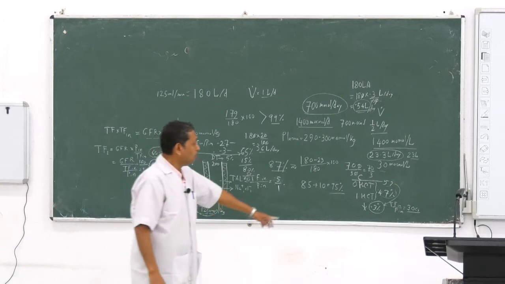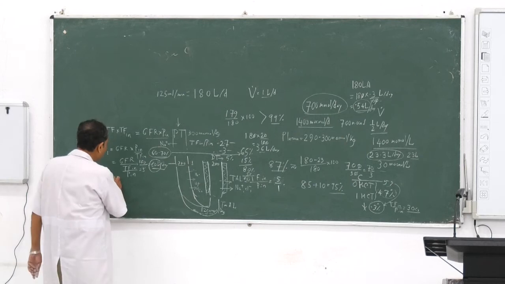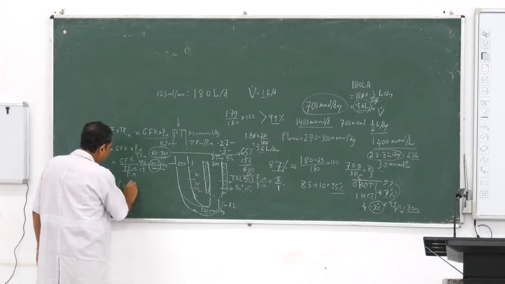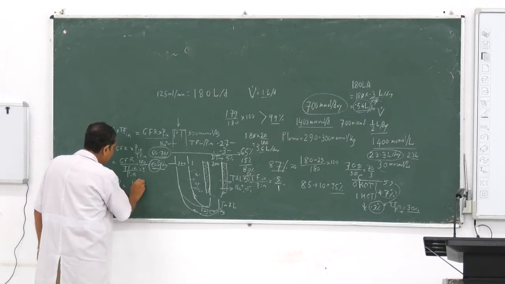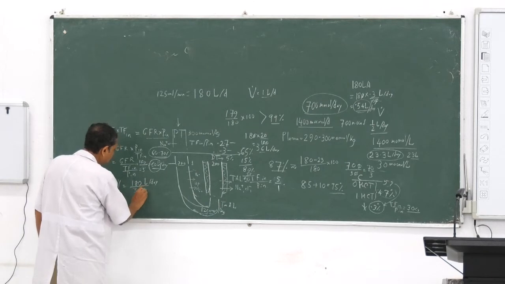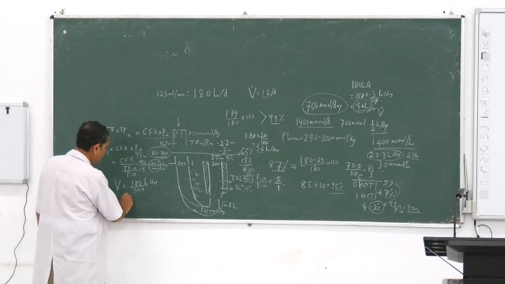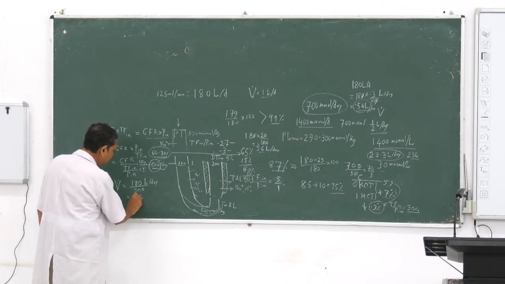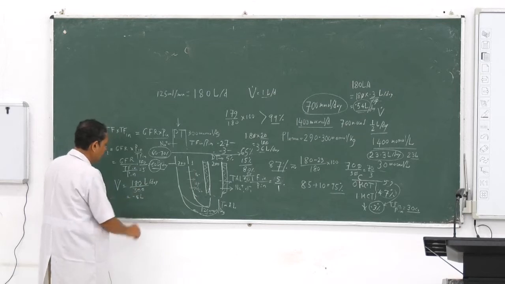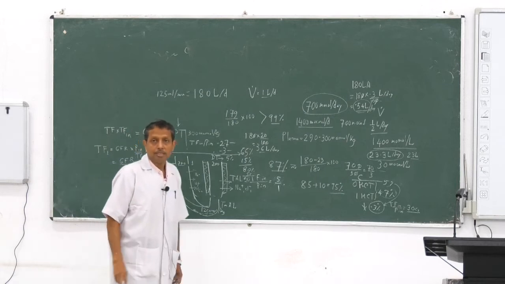From this formula you can calculate what should be the tubular flow in this phase. That is the final urine formation, equal to 180 liter per day divided by 300, about 0.6 liter per day. বোঝা গেছে?